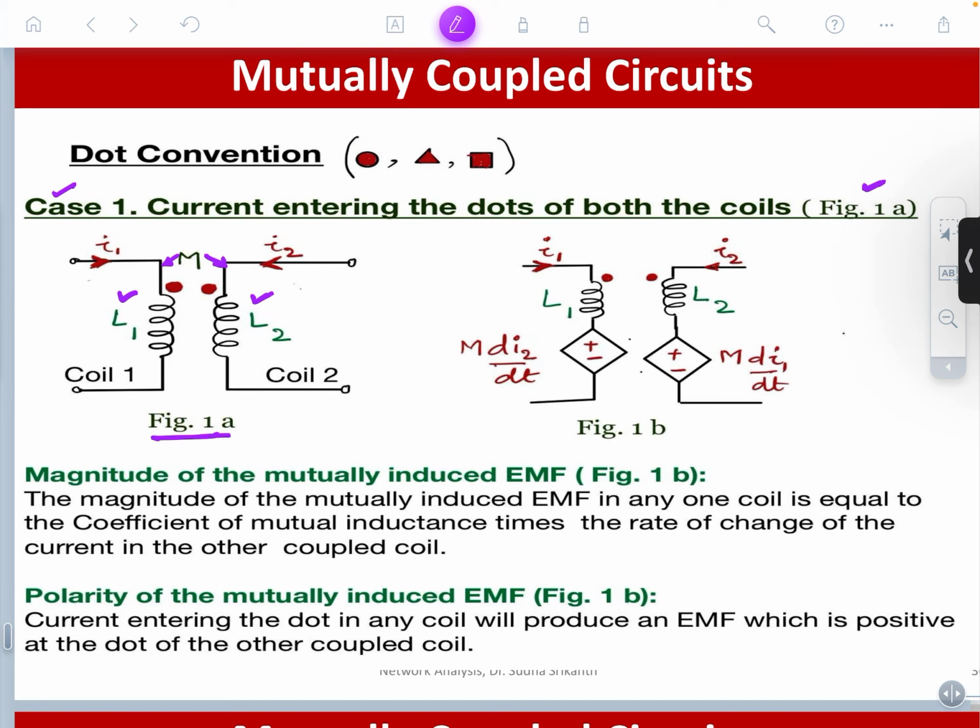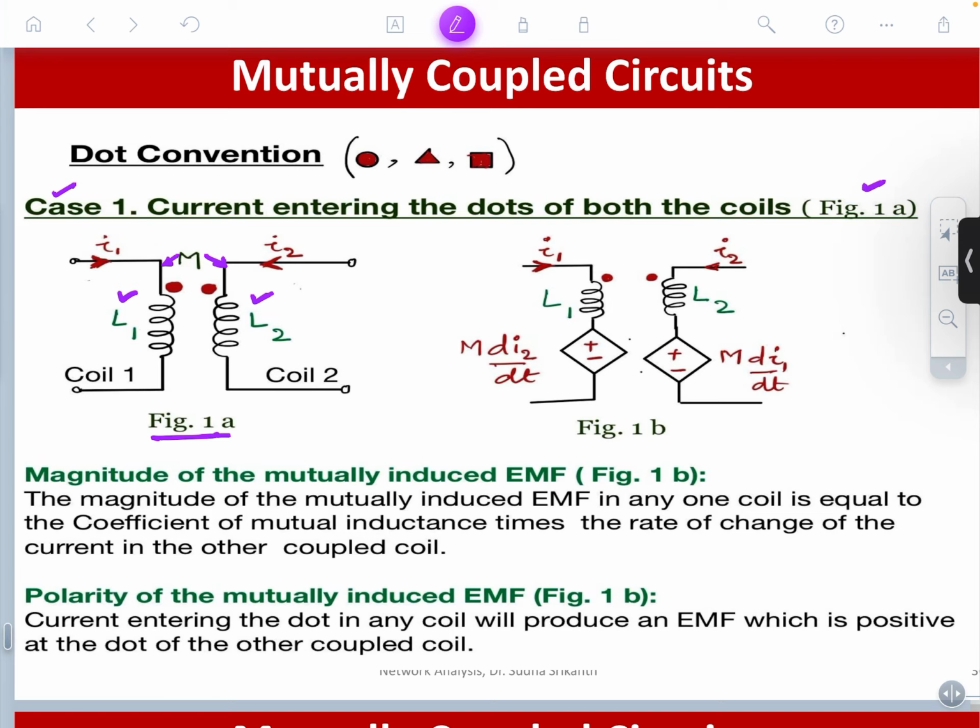If it is a transformer, a body covers it. Instead, what you get to see are these dots. The polarity is displayed or depicted in the form of dots.